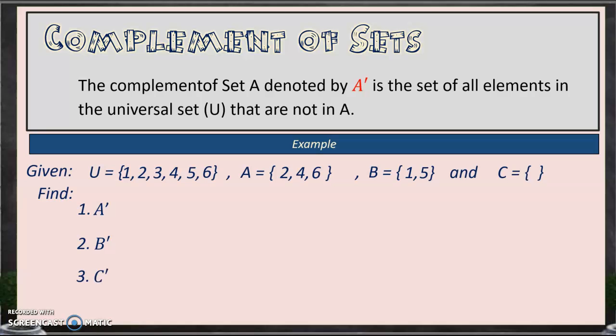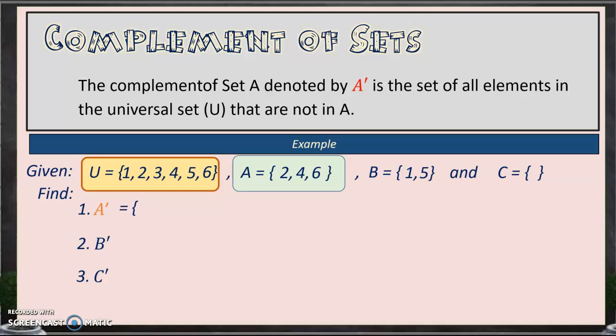Number 1, we are looking for the complement of set A. So we will always look at the universal set and set A. So what are the elements that are in the universal set but not in set A?